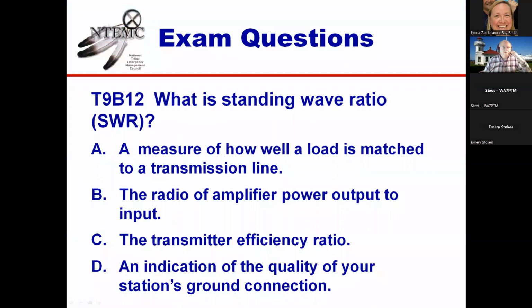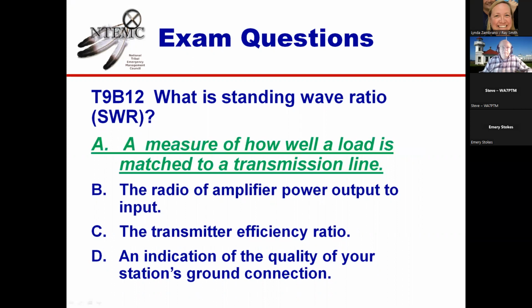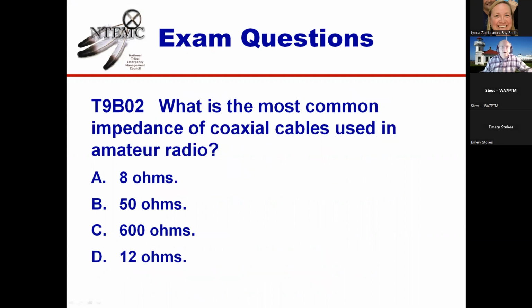All right, so what is standing wave ratio? Well, we've just been talking about it. It's a measure of how well a load is matched to the transmission line, 1-to-1 being a perfect match. That's SWR.